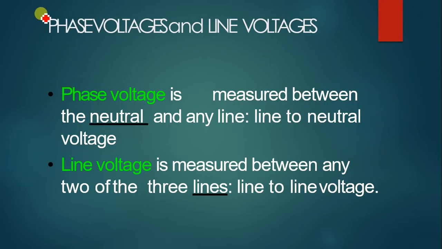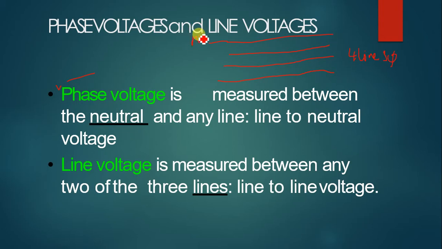Coming to the phase voltage and line voltages. Phase voltage is measured between neutral and any line. So line to neutral voltage is called phase voltage. As I said, in case of three-phase circuits we have different types of connections. This is a four-line three-phase circuit.